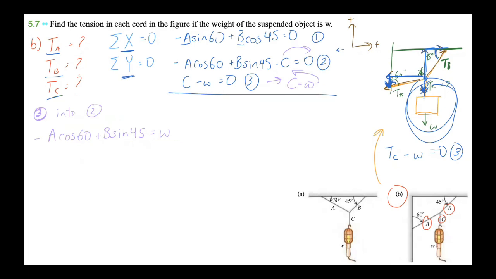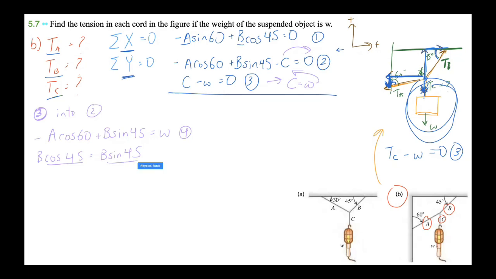All right. Now let's recognize that, and we can maybe even call this 4, just for the sake of organization, not simplicity. We also know that b cos 45 is equal to b sine 45, right? Because cos 45 is equal to sine 45.